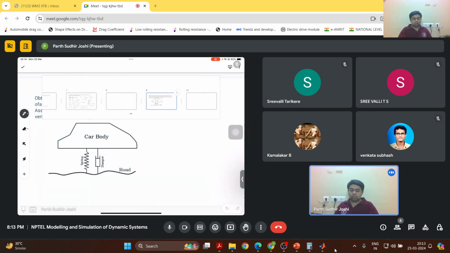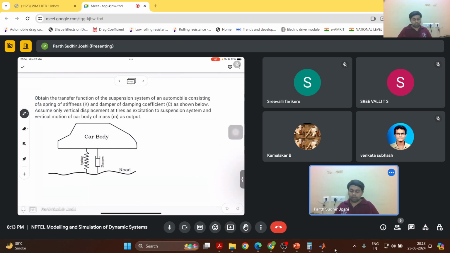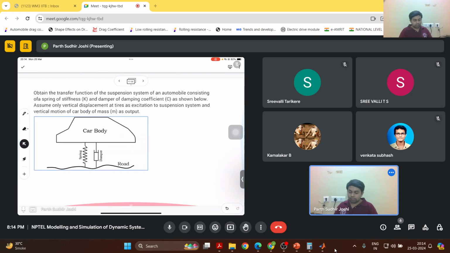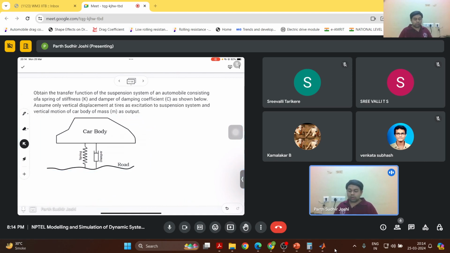So let us move on to our next problem. Here we have been given this problem of an automobile or passenger car. The car is going over a certain road. Now we can model the suspension as a spring and damper.